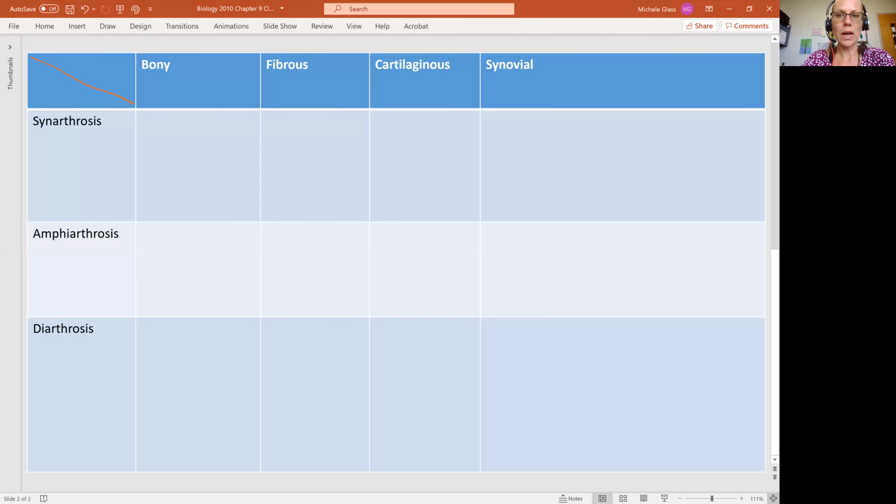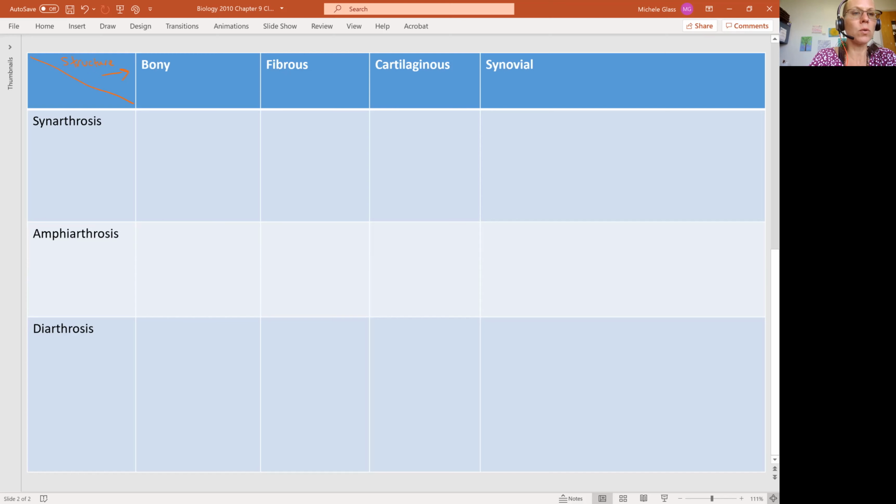Across the top columns, let's classify by structure. So let's put our structural classifications along the top. We have either bony, fibrous, cartilaginous, or synovial.